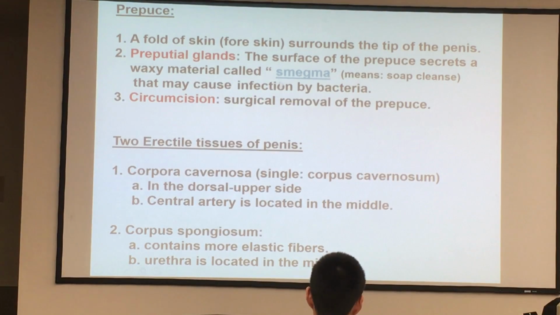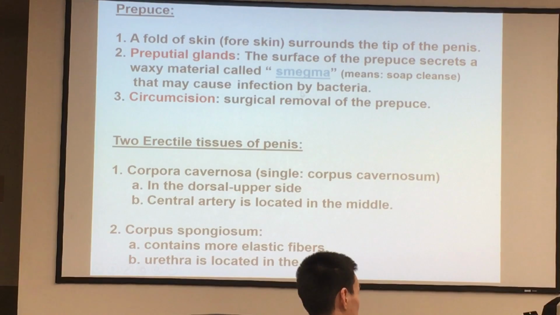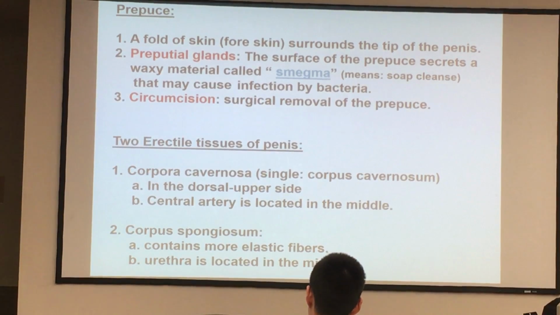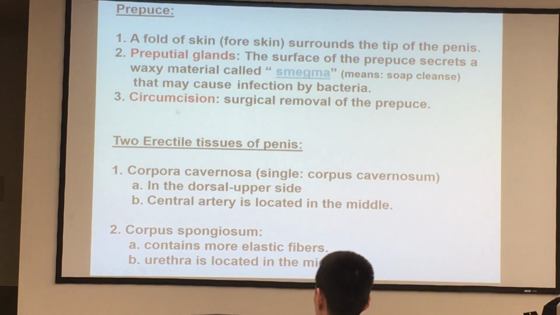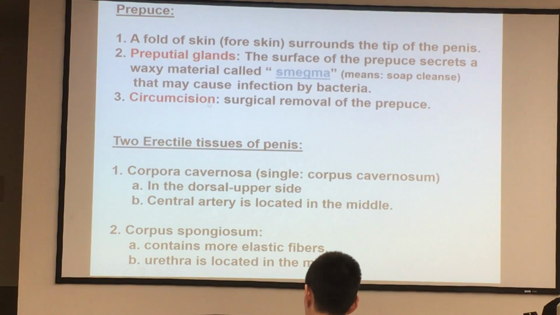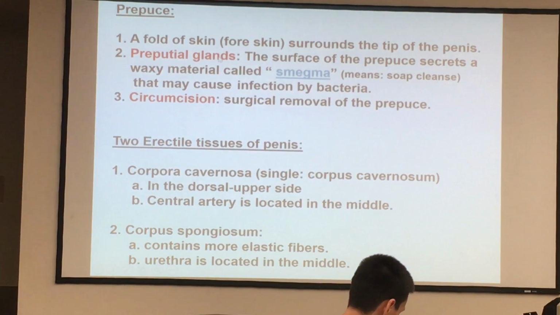It's easy to cause bacteria to grow in that neck area, and so people cut it out, called circumcision, and so they can make this prepucial gland produce a little less of the waxy material.